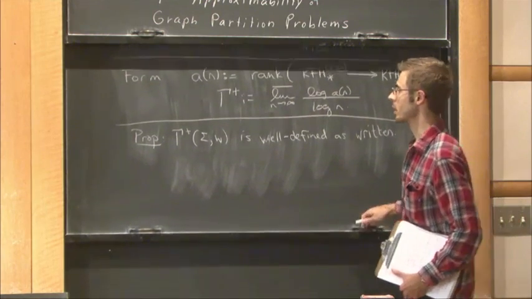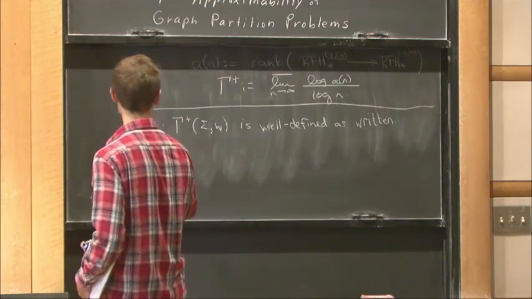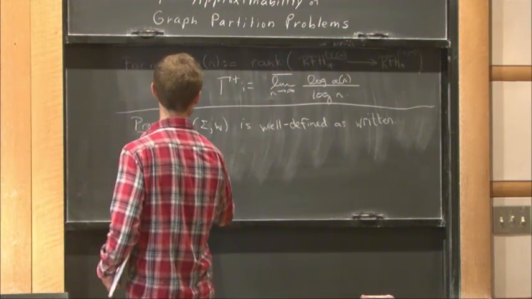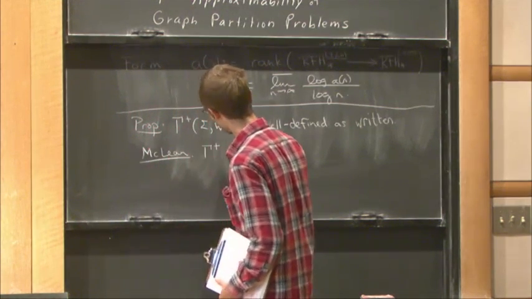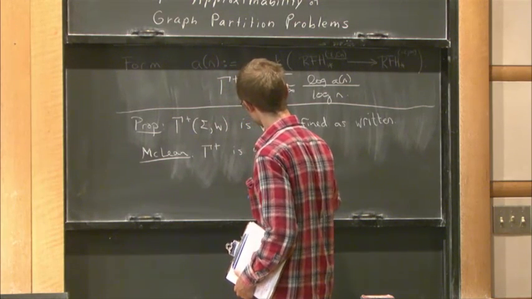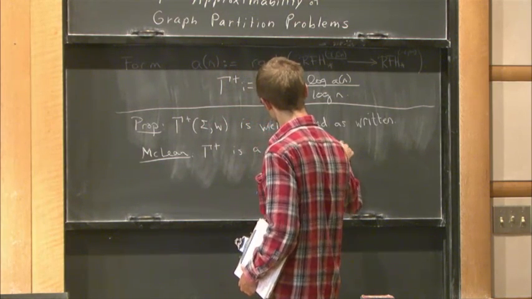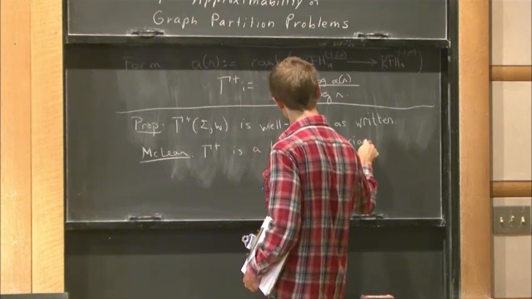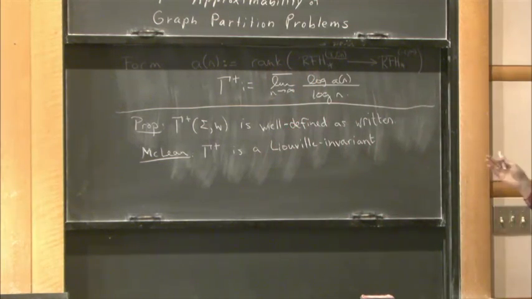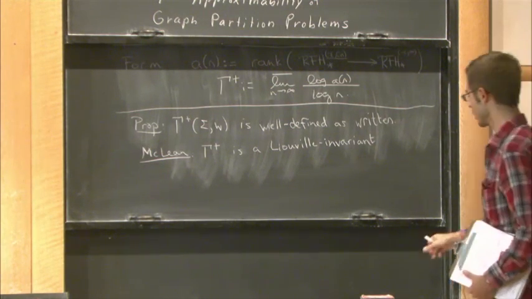This is due to a result of Mark McLean, which says for symplectic homology that gamma plus is a Liouville invariant. So if I take Liouville domains and a Liouville isotopy between them, gamma plus is an invariant of this.